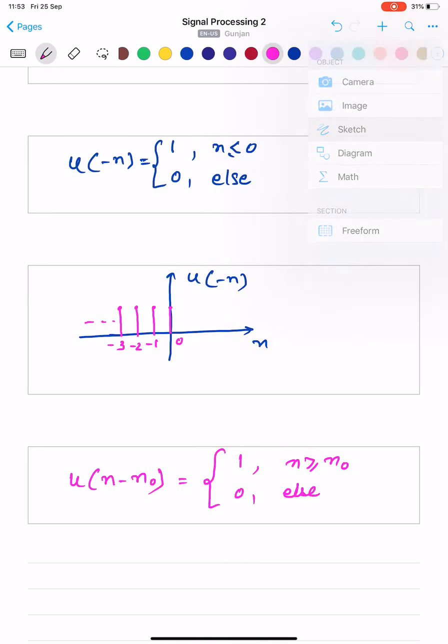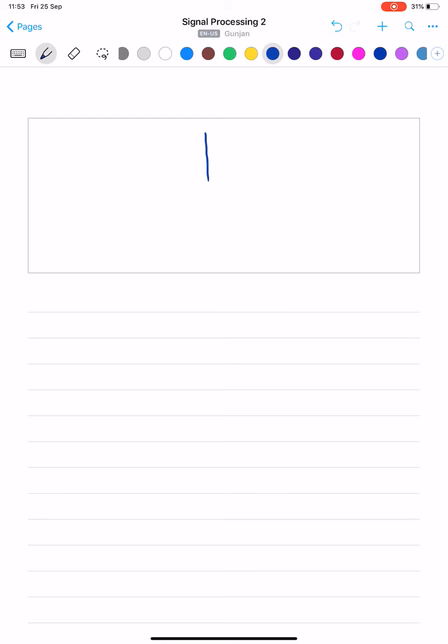So if we sketch it, if I consider that n naught is a positive number, then the sketch will be something like this.